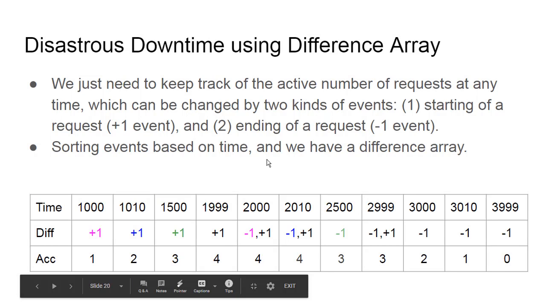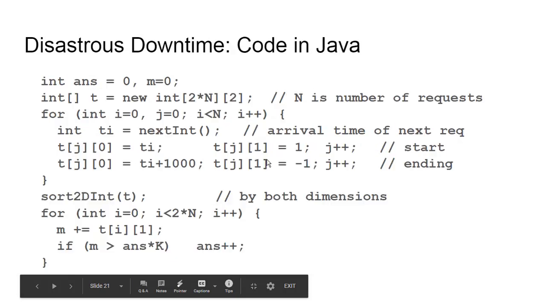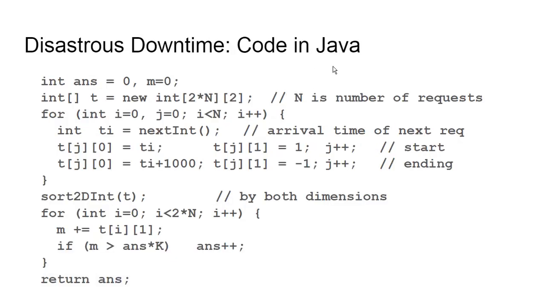So this is the solution code in Java. It's fairly straightforward. We create T, the event array, which has 2 times n events when there are n tasks. And each event is described by 2 numbers: time, and whether it's a +1 or -1.